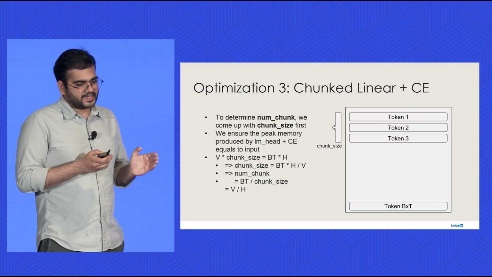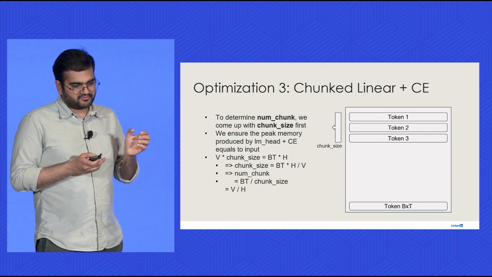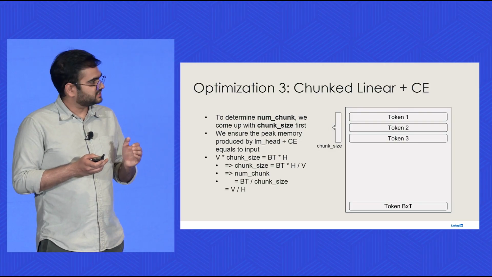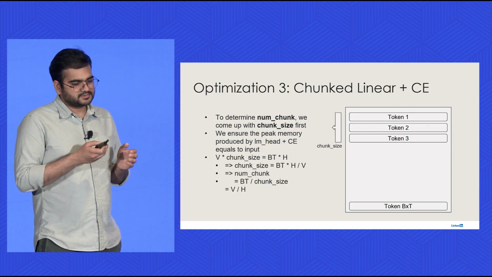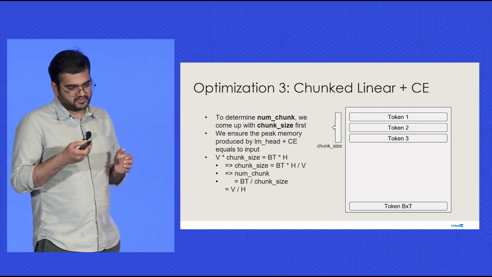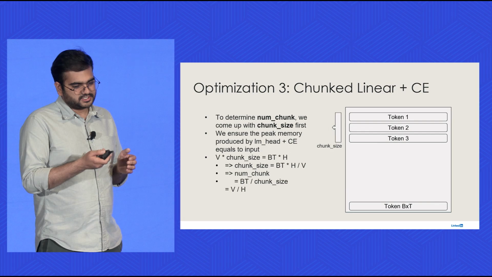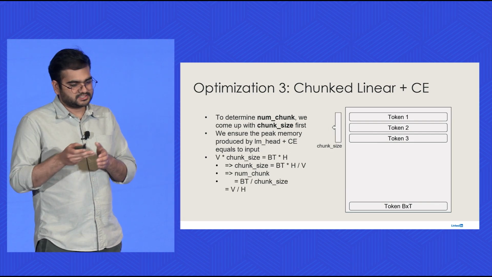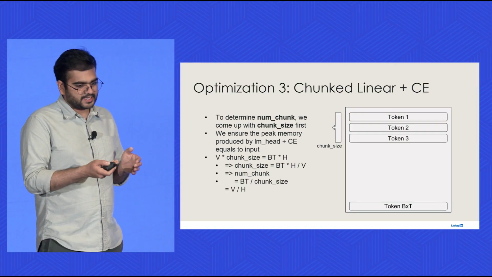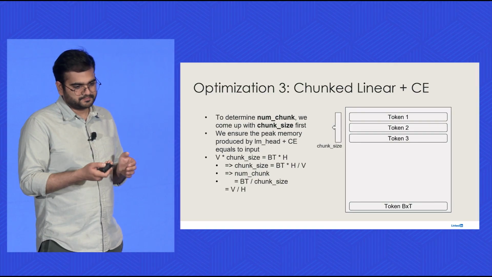So if V is the vocab size, and we have our chunk size variable, then V times chunk size should be equal to BT times H. This gives chunk size equal to BT times H over V, and finally the number of chunks is equal to the total number of tokens, which is B times T, divided by the chunk size. If we do the calculation, it comes out to be V over H.